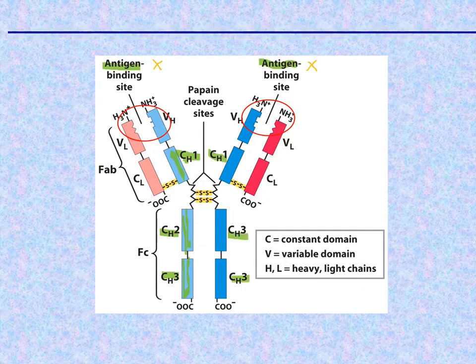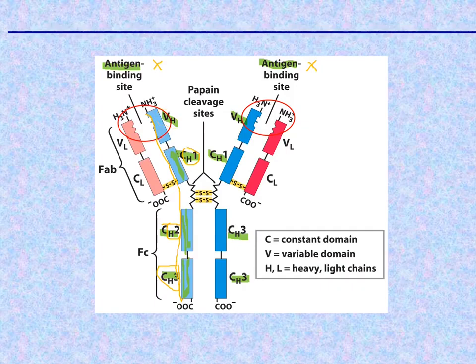At the very end, you have the variable heavy domain. This is the heavy chain all along here with 4 domains: a variable heavy, constant heavy 1, constant heavy 2, and constant heavy 3. And the same for the other strand.